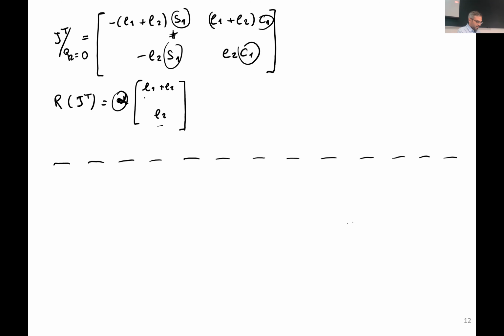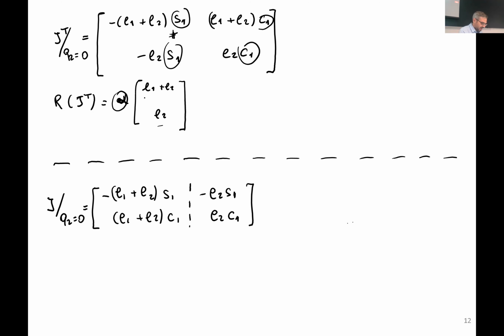Then for the null space of J, again, we want to find a vector that nullifies these two columns.